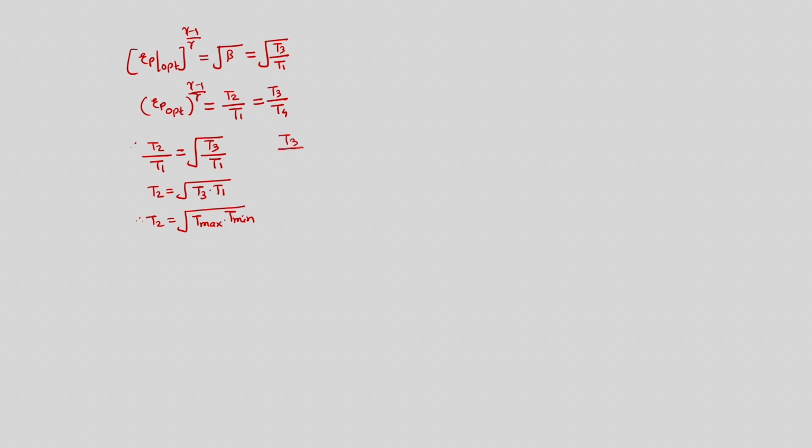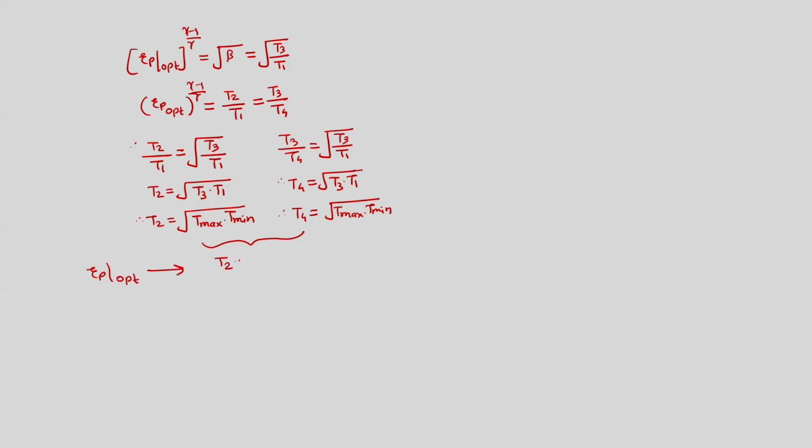Similarly, T3 by T4 is equal to square root of T3 by T1. So T4 is equal to square root of T3 into T1. So T4 is also equal to square root of T max into T min. So practically we mean that for the Rp optimum condition we have T2 equal to T4.